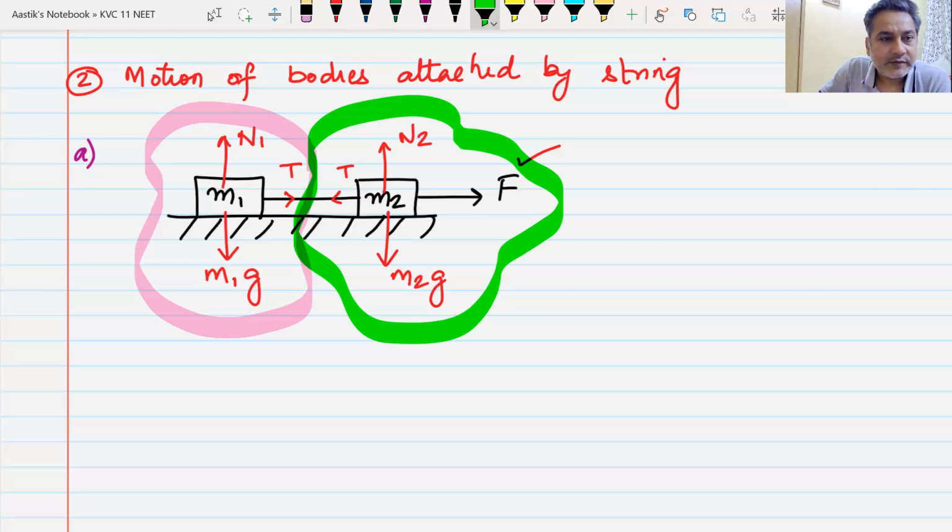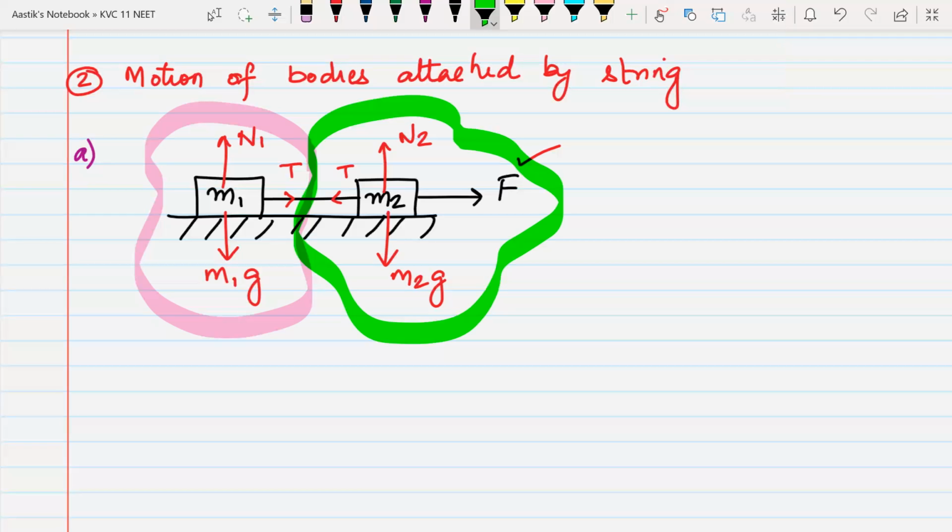Think, tell me. Same acceleration. They will move with same acceleration. Yes or no?